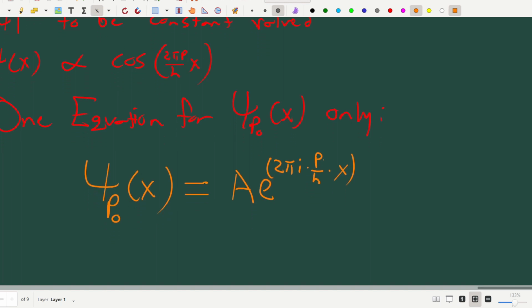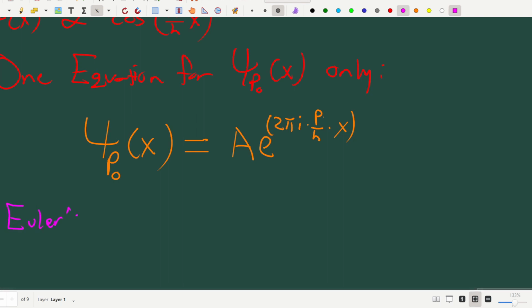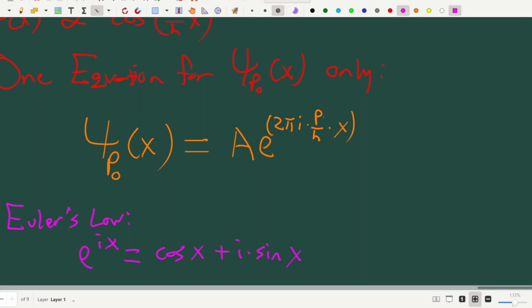Now, there's a nice rule. We can simplify this, because it looks like an awful equation, but there's a really nice simplification called Euler's law, which says that e to the ix is equal to cosine x plus i times sine x. So a complex exponential is a complex number because there's an i in it, but it's made of sines and cosines.